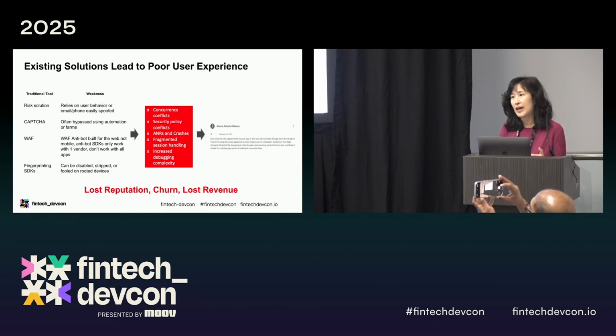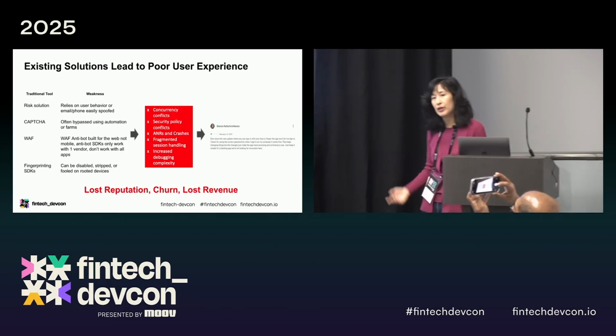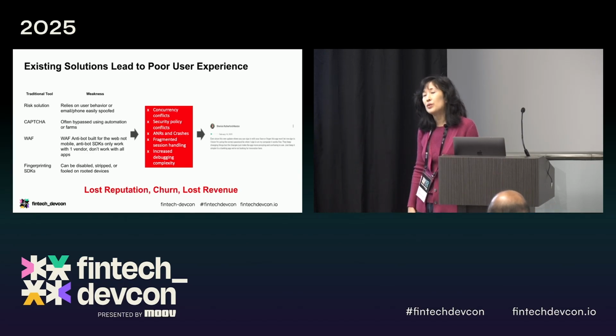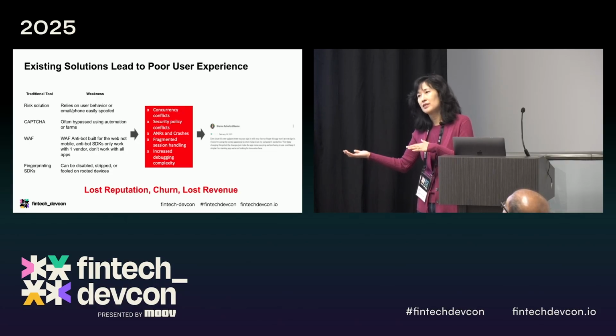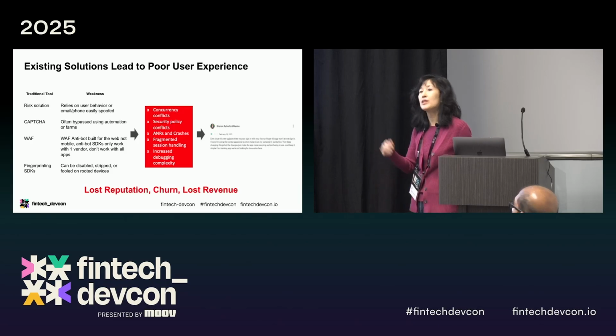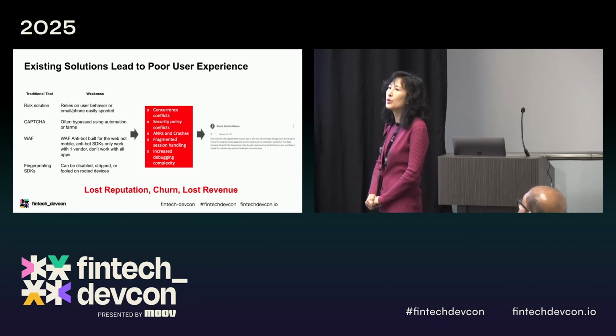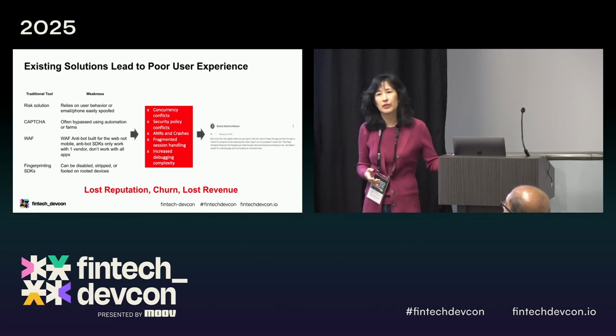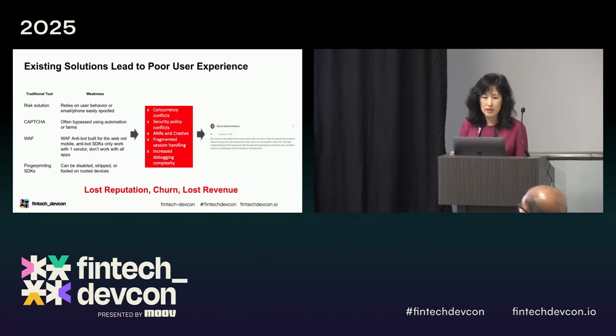If they're using a WAF, a lot of organizations will say, well, I have a web application firewall, so that's going to block out all the bad stuff. Well, unfortunately, it doesn't. These web application firewalls have the word web in them, so they were designed for the web. They weren't designed for mobile. So they don't have the mobile telemetry data. They don't have the mobile-specific rules to block out mobile bots. And on top of that, some of these mobile SDKs only work with one vendor, and they don't work across all apps, and it's more challenging to work with.